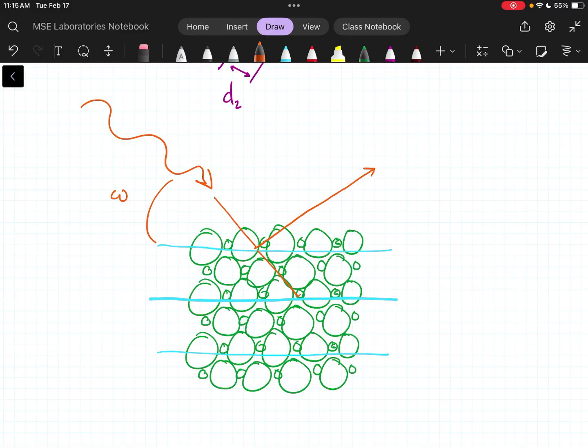Some of the X-rays are going to bounce off that first plane. Some are going to travel through and bounce off the second plane, and some might even travel through and bounce off the third plane. So what I end up with is 3 parallel but different X-rays, because they've all bounced at different points in their kind of zigzag cycle.